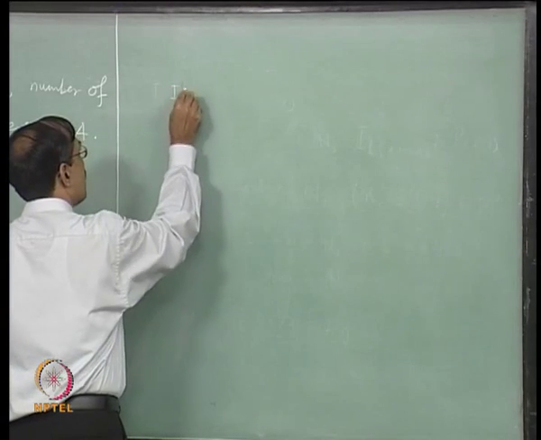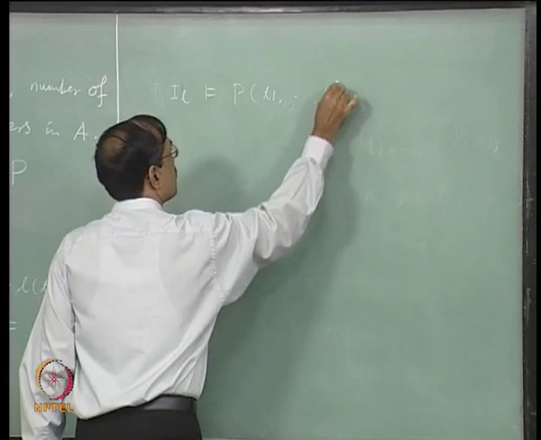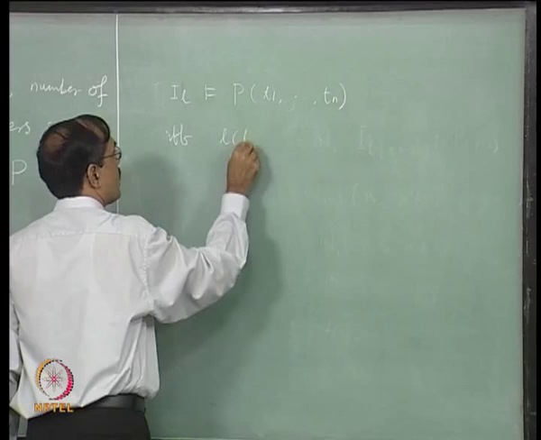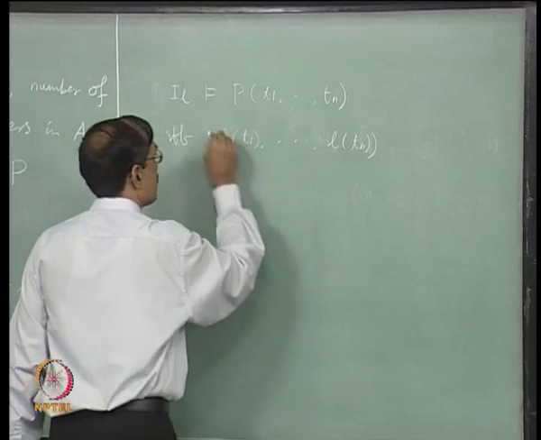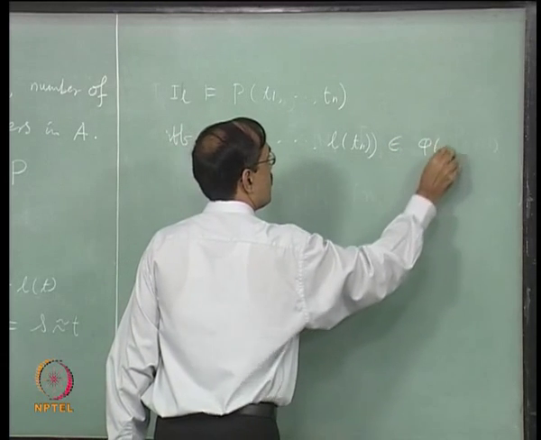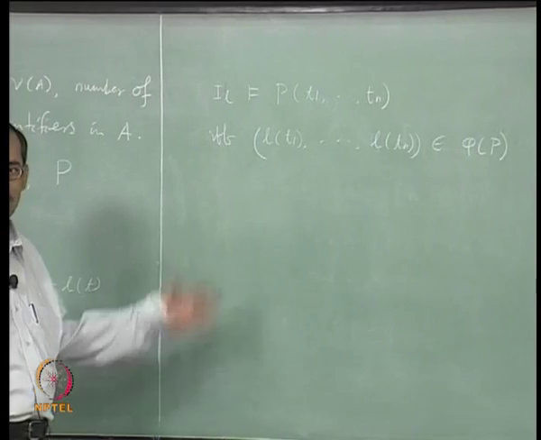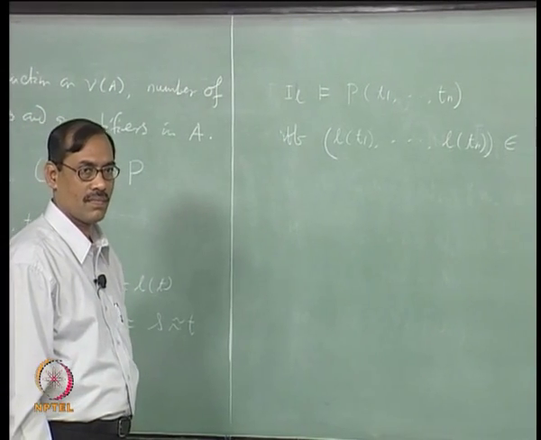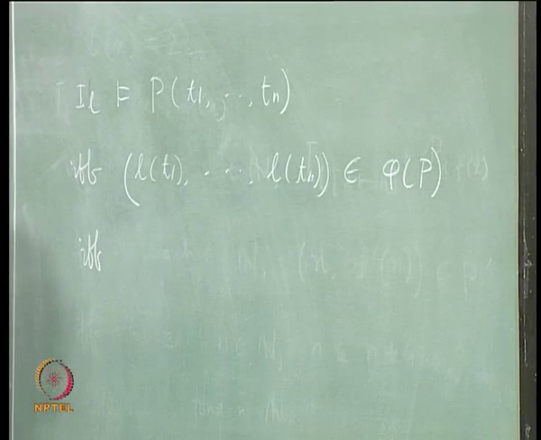So, we will start with I L satisfies P of T1 to Tn if L of T1 to L of Tn belongs to phi of P, if they are so related as the corresponding relation to P. And then the next two lines are similar, L of each term equals L prime of each term.